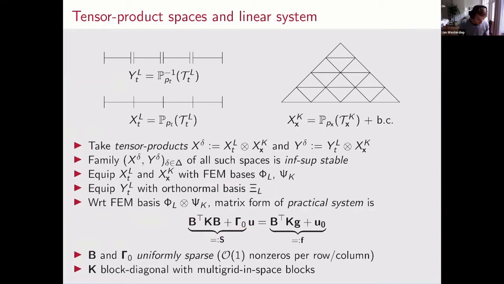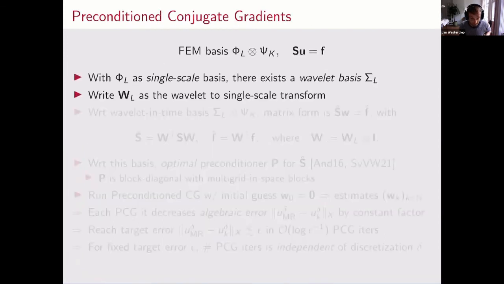And K here, the preconditioner K, is a block diagonal operator with multigrid in space blocks. Okay, so we want to solve this thing, but we need a preconditioner.